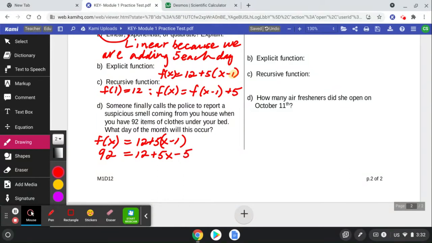And so if I distribute the 5x, 5 minus 5, and then this 12 minus 5 is actually going to give me 7. And then we're going to subtract the 7 from both sides. Do you see how that would give us 85? Divide both sides by 5.